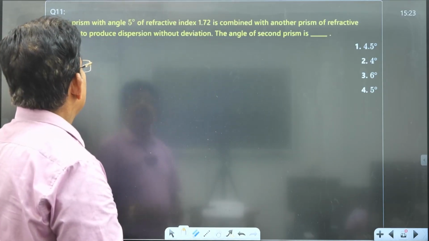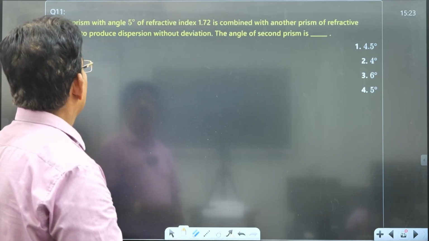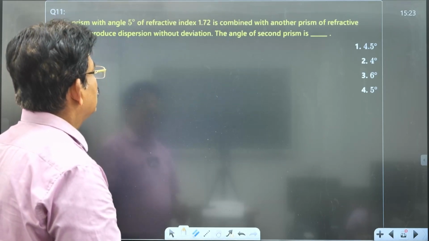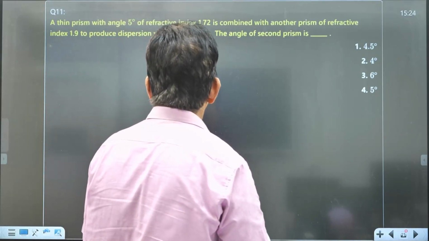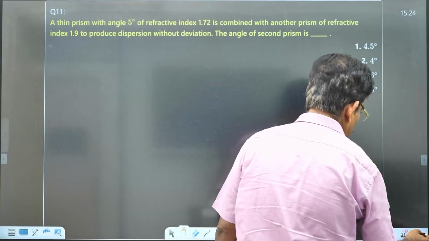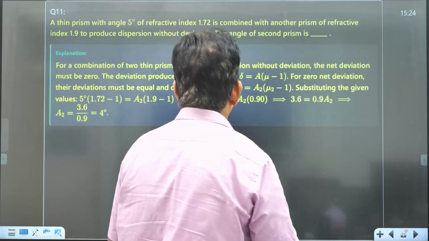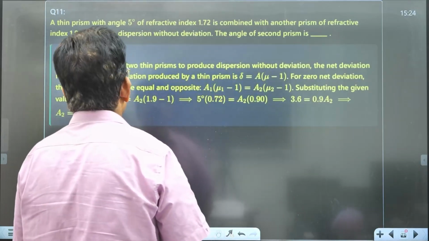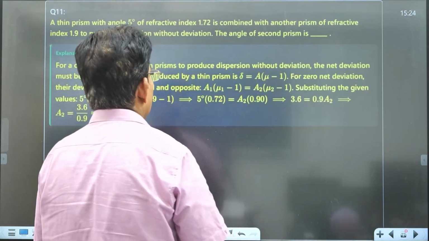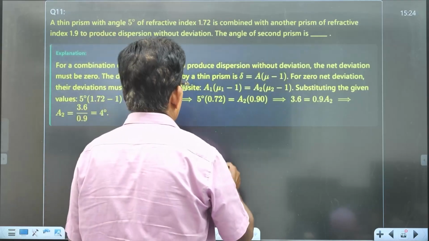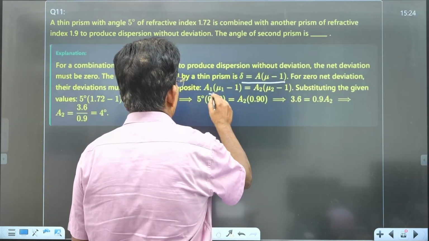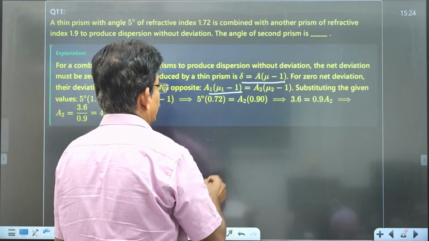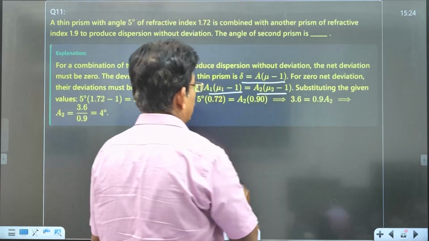Now, a thin prism of angle 5 degree, refractive index 1.72 is combined with another prism of refractive index 1.9 to produce dispersion without deviation. Very simple question. The explanation is clearly given: it produces dispersion without deviation. Therefore, simple calculation, the deviation formula is A into mu minus 1. Deviation of first prism is equal to deviation of second prism.